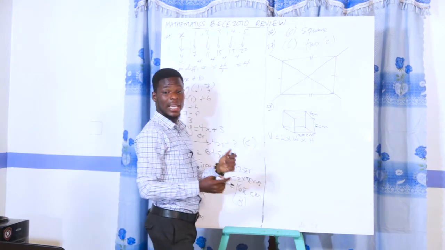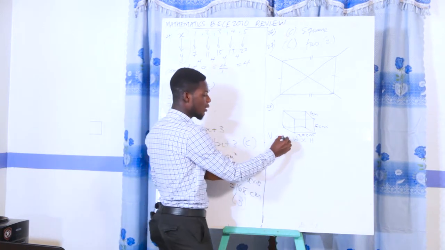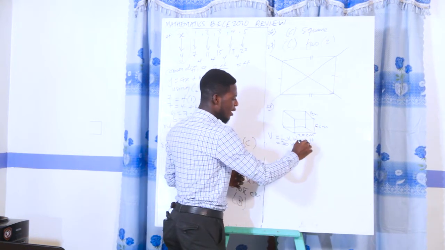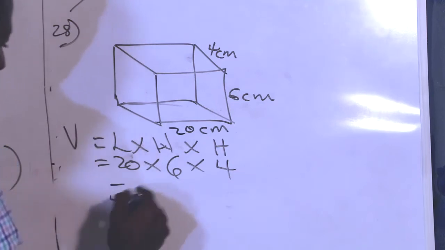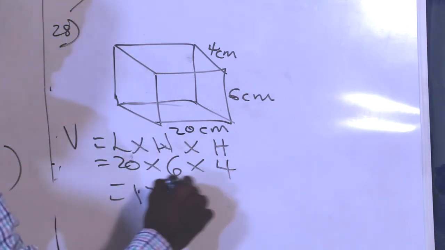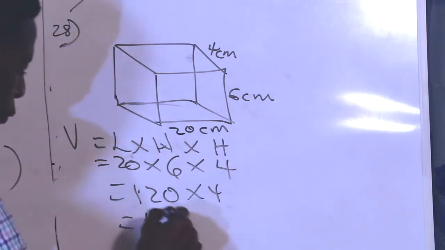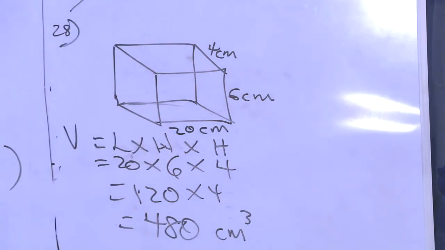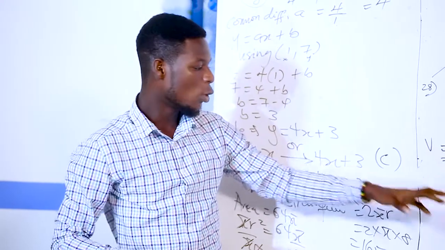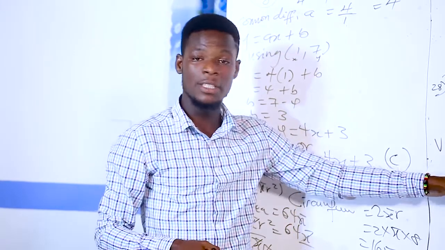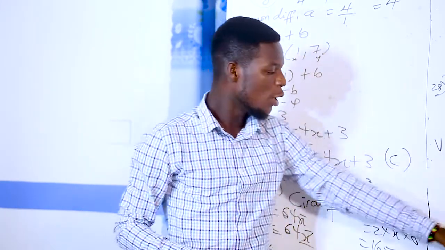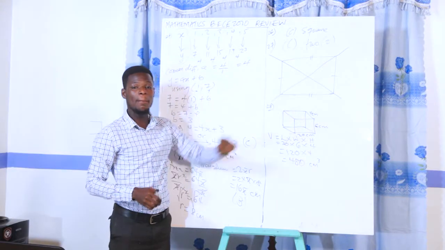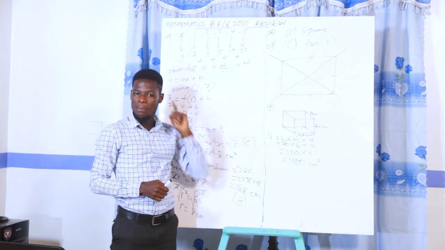Length is 20, width is 6, and height is 4. 20 times 6 is 120 times 4, and that will give you 480 cubic centimeters. Volume is always measured in cubic centimeters because we have centimeters times centimeters times centimeters. So this is the amount of space that is occupied by the rectangular box.